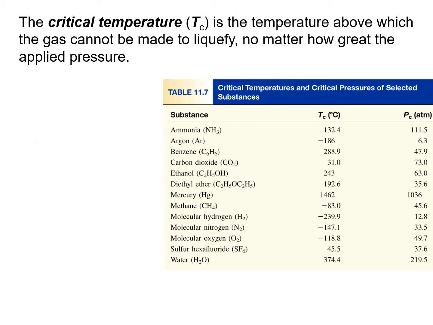Critical temperature. And we're introducing all these terms so when we discuss phase diagrams, we'll be able to relate the meaning of these to the phase diagram as well. So critical temperature, which is represented by T sub C, is the temperature above which a gas may not be made to liquefy, no matter how great the pressure applied. Okay?